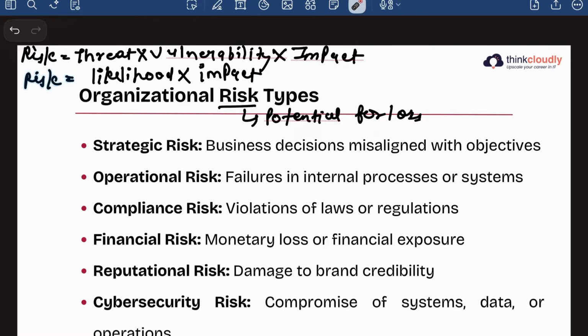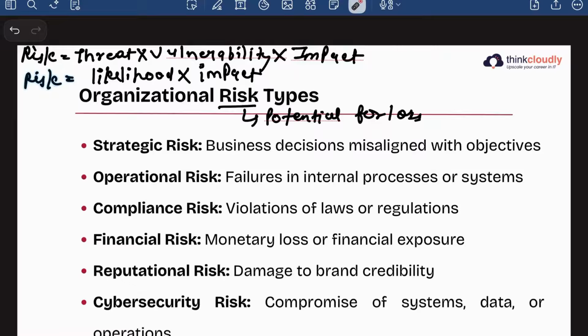Financial risk is loss of finance, not data. Then there is reputational risk, damage to the brand image, and not to mention cybersecurity risk. These are the risks that most of the time you'll come across.